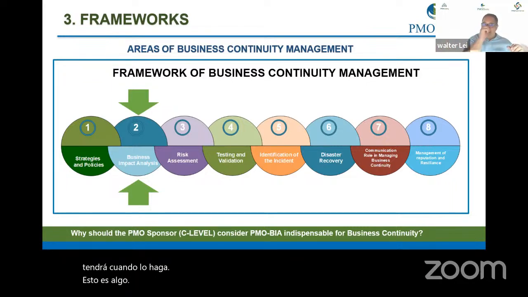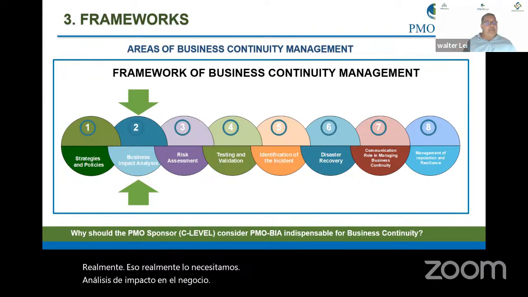That's why, as Leo has mentioned, the business impact analysis is very important, and that's why we, as PMO officers, think we need that framework to establish a formal business impact analysis.